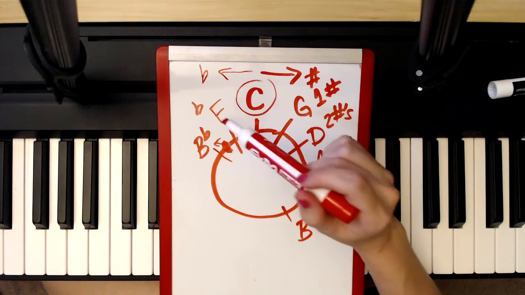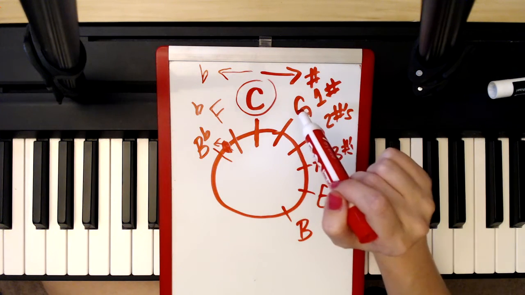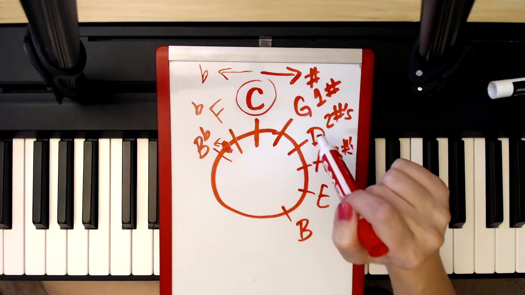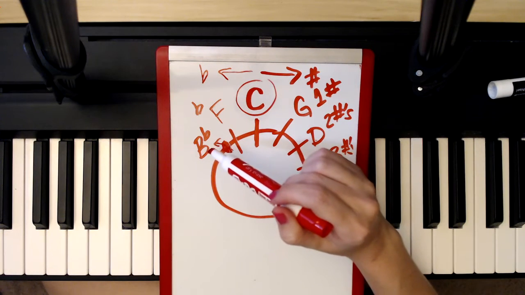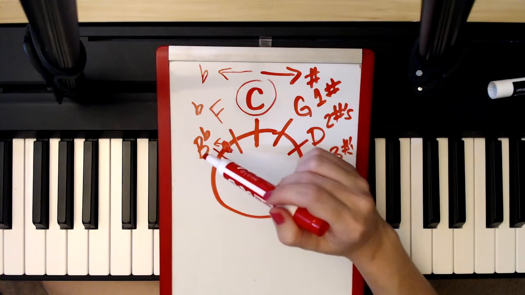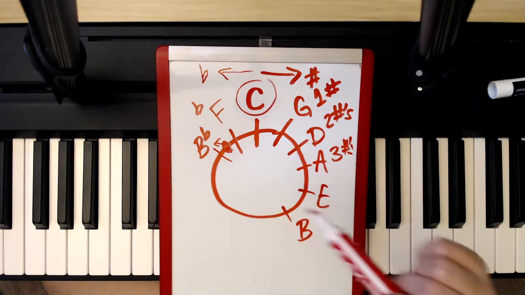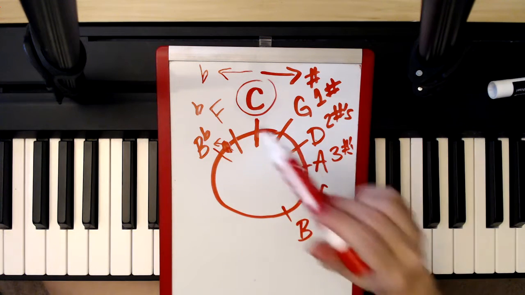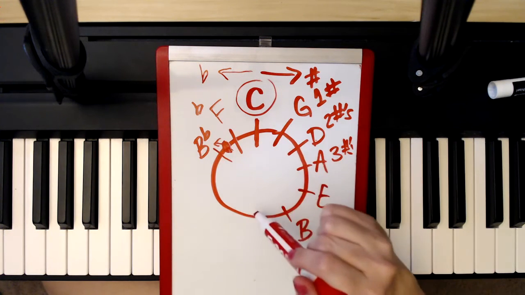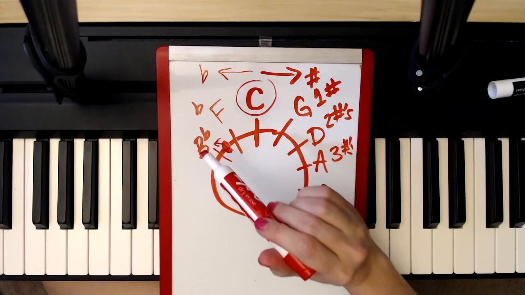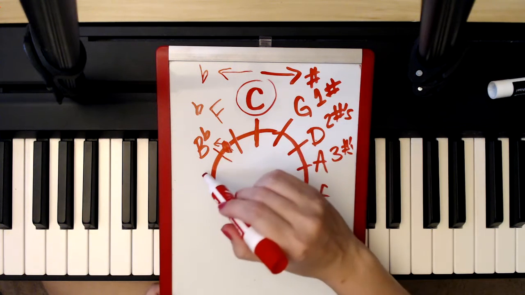So these are F major, C major, G major, D major, and so on. When you get to this one for battle, you're going to say B flat major. That's different than this B major. So make sure that when you're going flat, once you get to battle, you say B flat major.